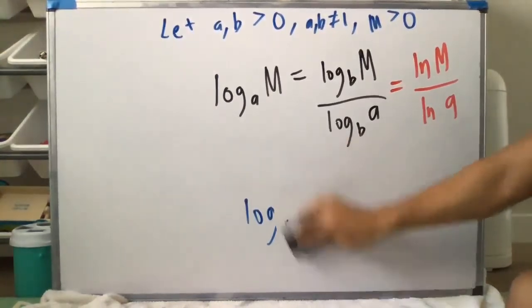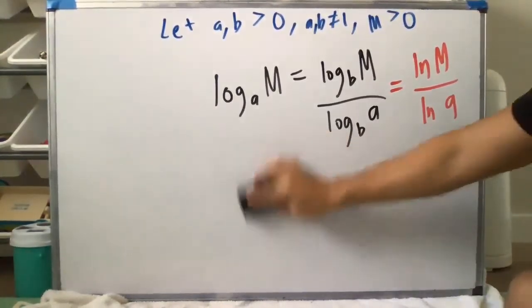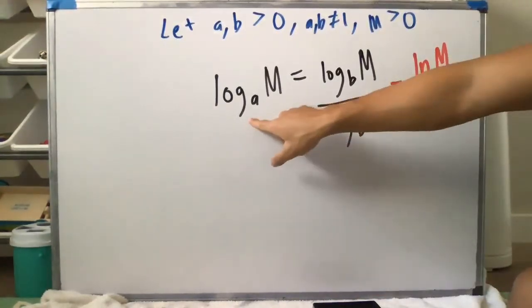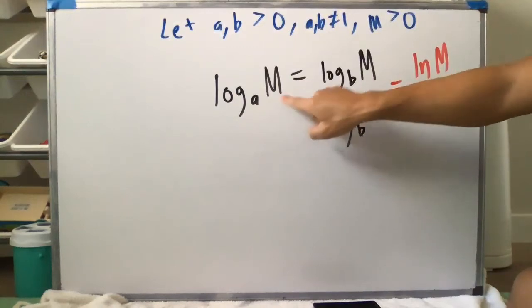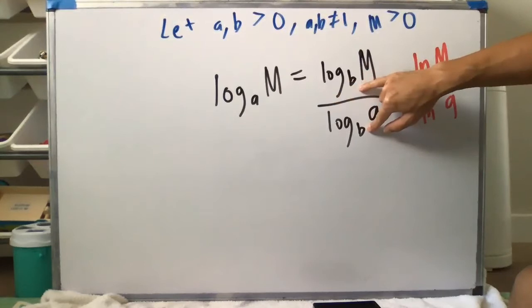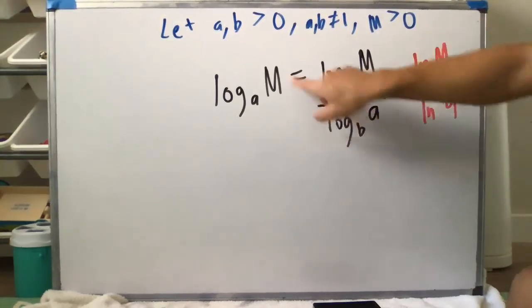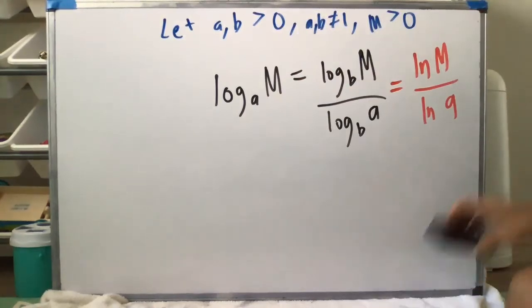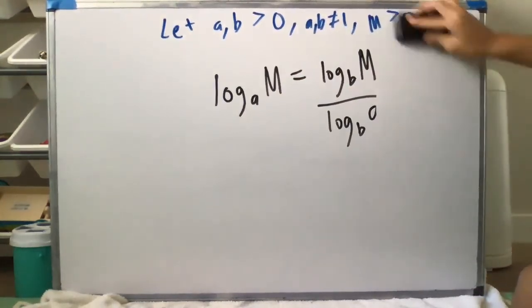All right, so the gist of the formula just comes down to this part right here. No matter what base I have of M, I can replace that with any base of my choosing, top number over bottom number. So let's see if we can apply this to questions number 1 through 5.